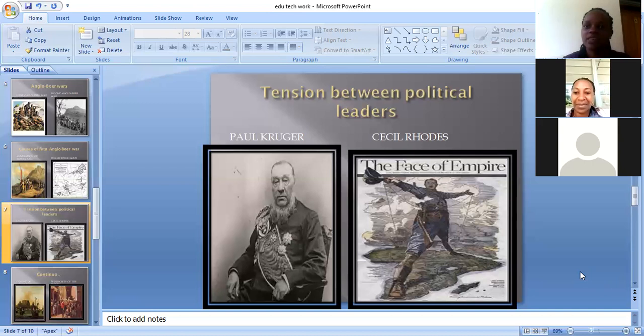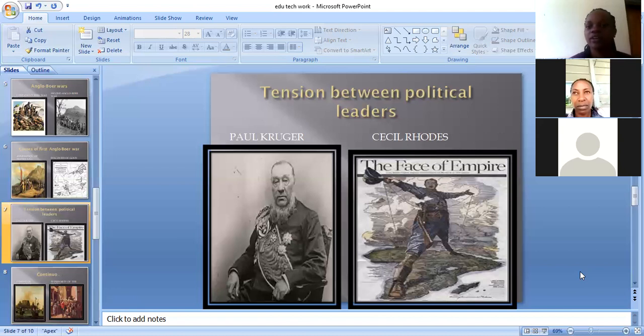He's saying that he's seeing Cecil Rhodes as the face of the empire. Meaning that Cecil Rhodes and Paul Kruger were at tension because they came from different groups, one from the Boers and the other from the British.